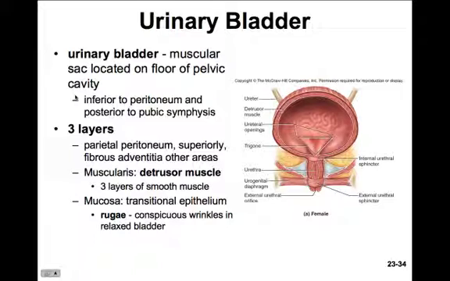Transitional epithelium will change between one form of epithelium and the other. So there are several layers of this epithelium, and it causes these conspicuous wrinkles that we'll see here in a relaxed bladder. And those wrinkles will flatten out, and the transitional epithelium will transition into a single layer of cells as the bladder fills.